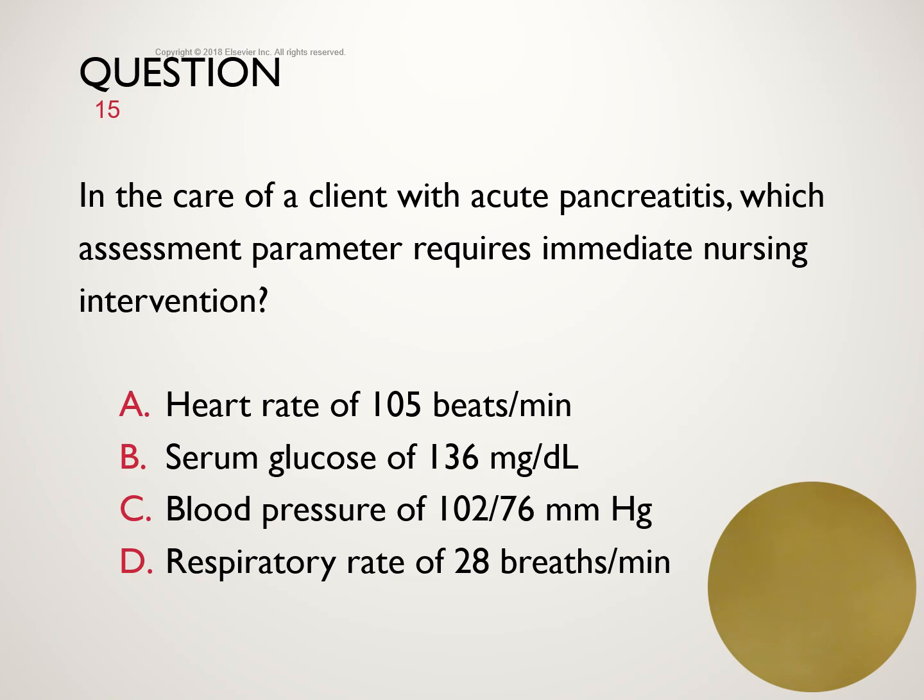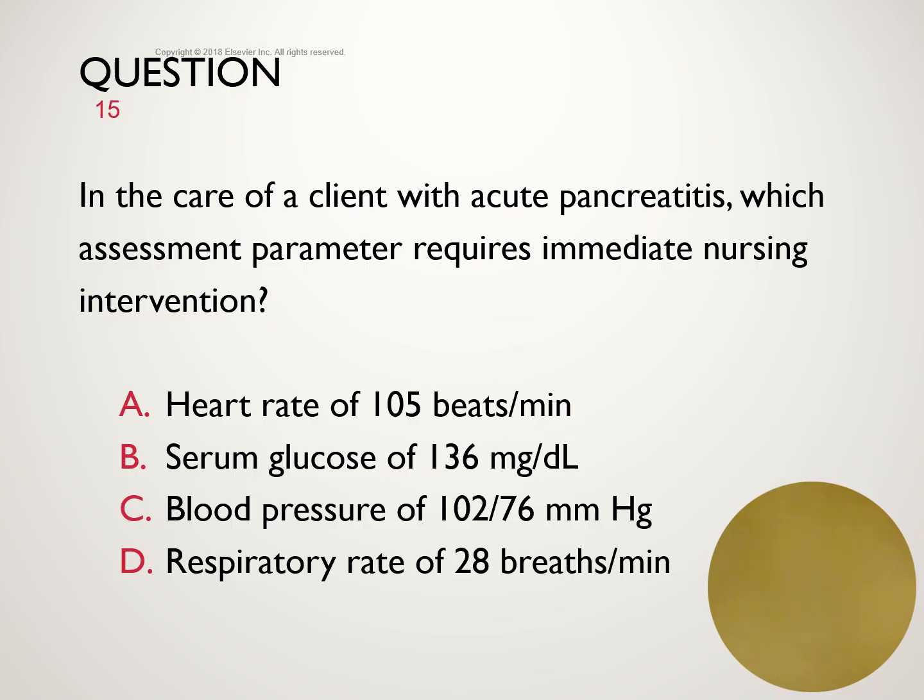A heart rate of 105, maybe they just walked up the stairs or just walked across the room. They've exerted themselves some way. That serum glucose, it doesn't say if it was a fasting glucose. Maybe they just ate. Blood pressure of 102/76.